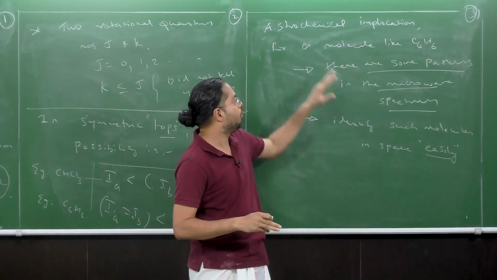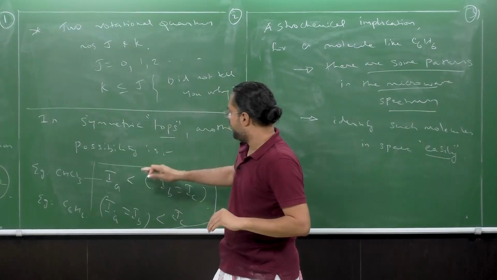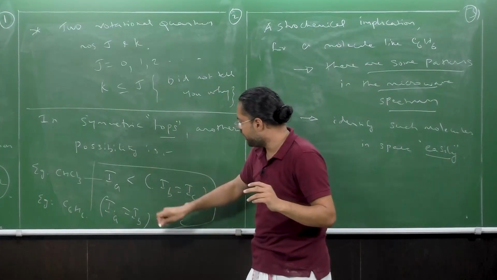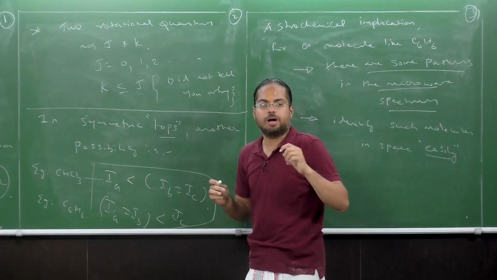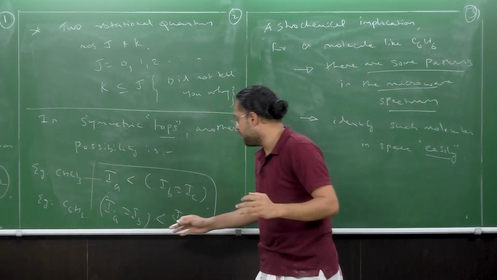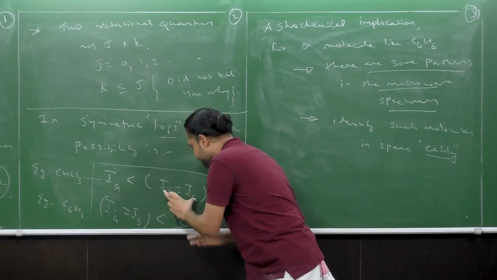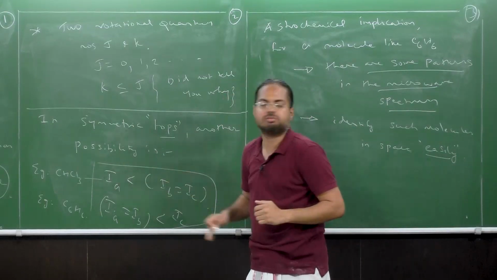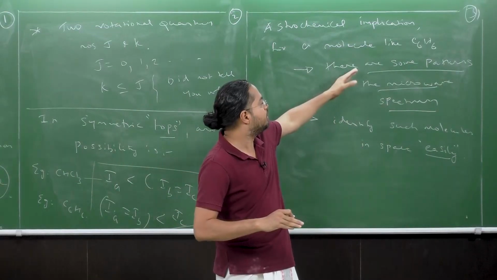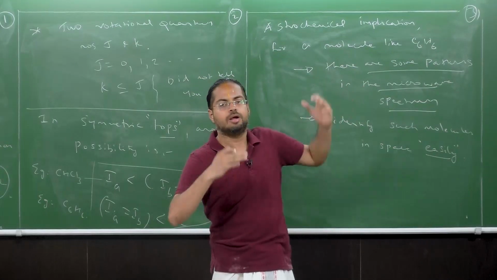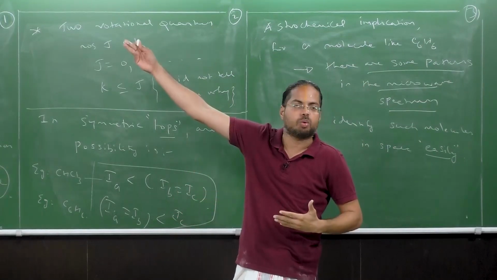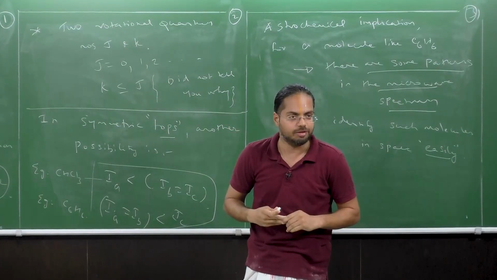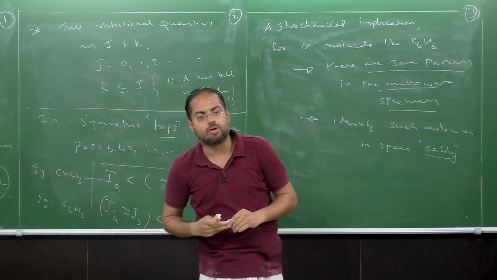So this idea that it's not completely asymmetric, it's not a completely lost case wherein you have three different values of moments of inertia, but that you can systematically club two of them via some equality relationship, and then there is going to be another value that leads to some pattern in the microwave spectrum. Using this pattern, whatever you get in the lab could be compared with what is obtained from the interstellar medium, and you can detect these molecules much more easily. So this is the idea of symmetric tops.